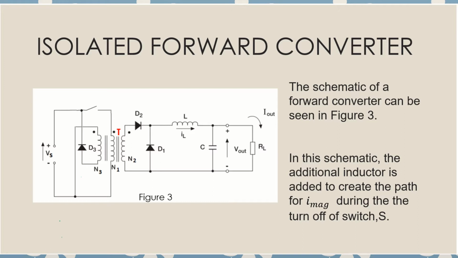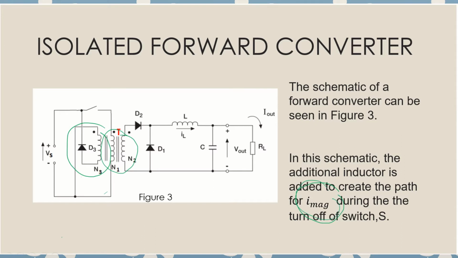this converter has a third winding, which we call N3. This third winding is very important for us because, at high voltage, when we have a transformer, the transformer creates the I magnetizing current.